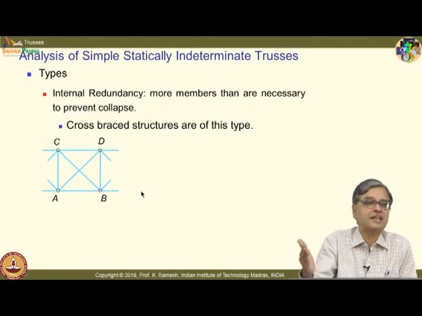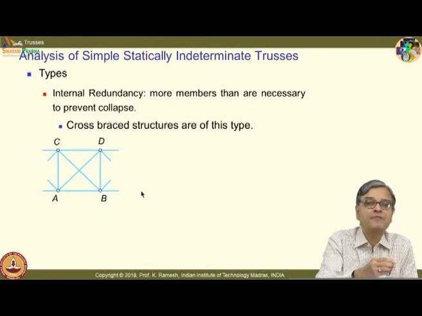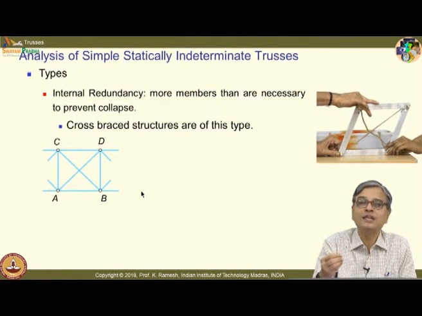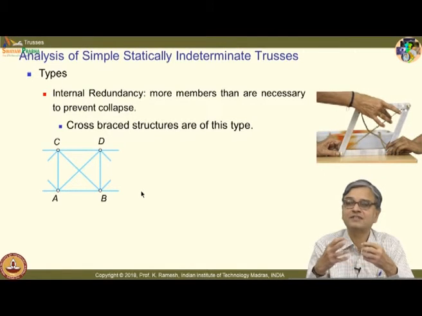Okay. And what I bring in is that the wind changes direction. So, depending on the wind force, it will deflect in a particular manner, and we have already seen that these cross braced members are much lighter than the actual members of the truss. And I said we have put a string in one of the classes and shown that it simply buckles if it is subjected to compression.